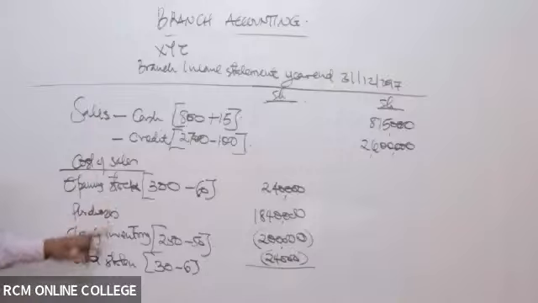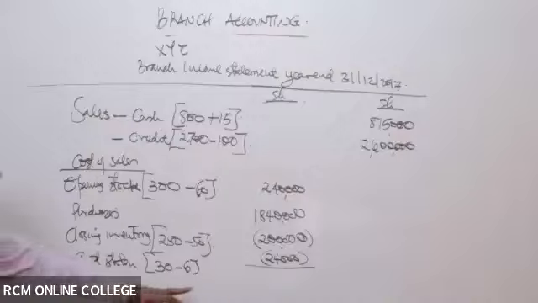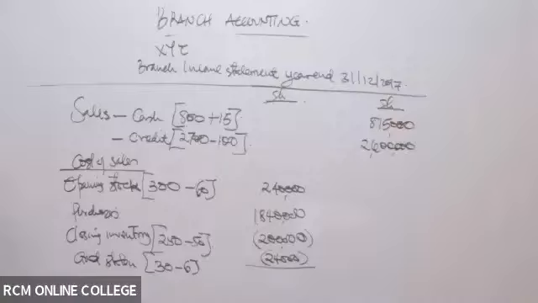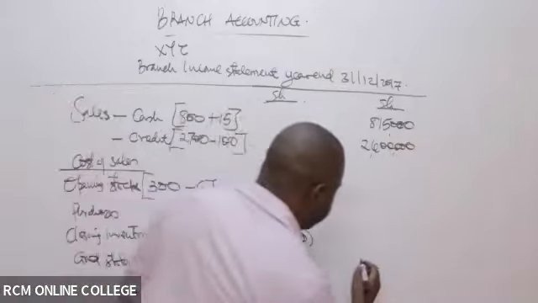So the opening stock plus purchases minus closing inventory minus goods stolen, because it is reducing part of that closing inventory there. How much are you getting? I can see 1,856,000.